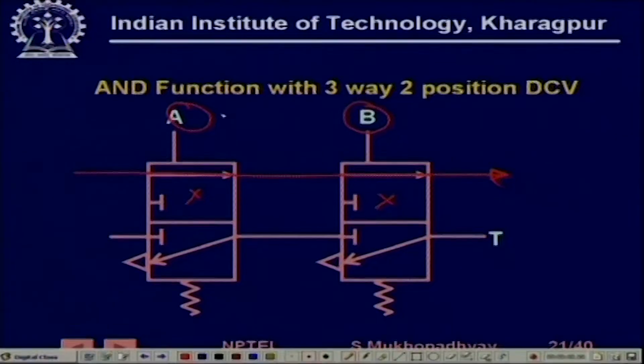Now, suppose this is not there, which means that now this is the position, but here it is there. So you see that in this position this gets connected to this position.